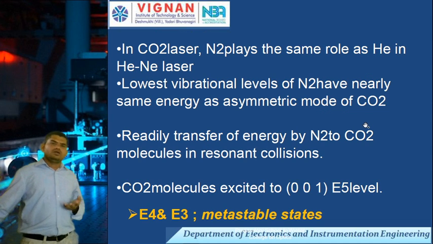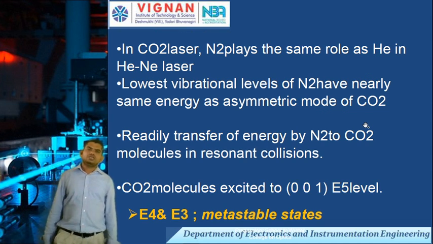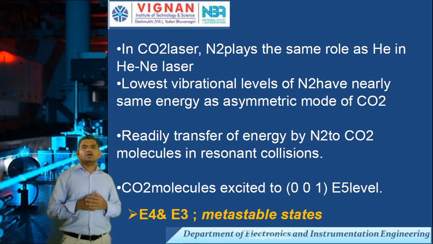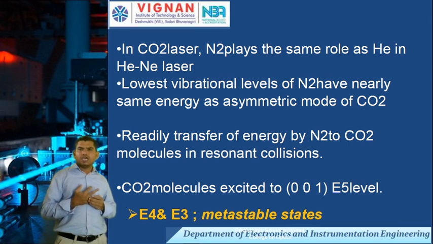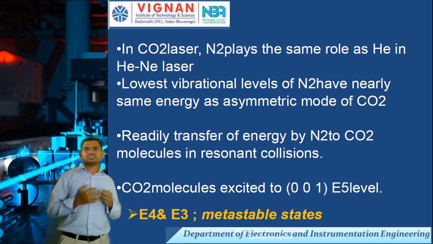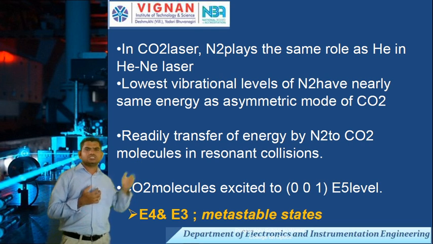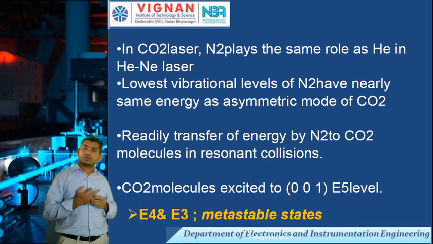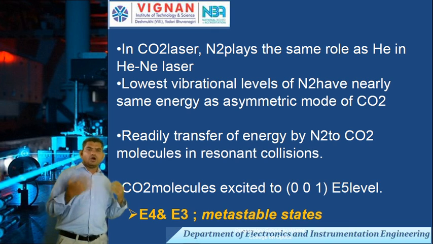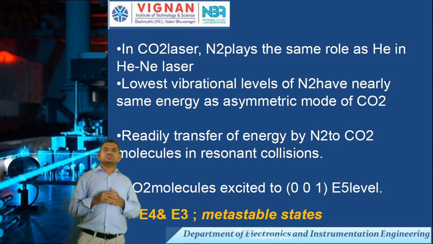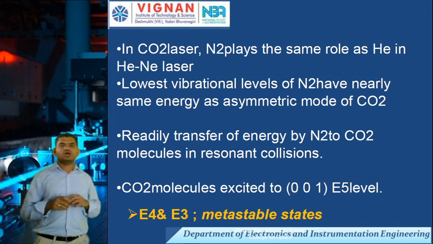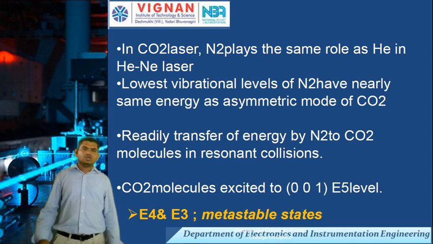In the carbon dioxide laser, nitrogen plays the same role as helium in the helium neon laser. The lowest vibrational levels of nitrogen have nearly the same energy as the asymmetrical mode of carbon dioxide. So energy is transferred by the nitrogen to the carbon dioxide molecules in resonant collision.